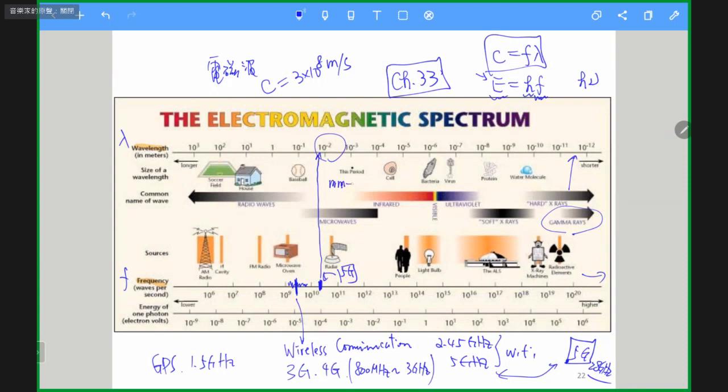For even lower frequency, the wavelength is longer and longer, so we need a larger and larger antenna to receive the signal. Just like if you listen to the Macau radio station, it is 100.7 megahertz.